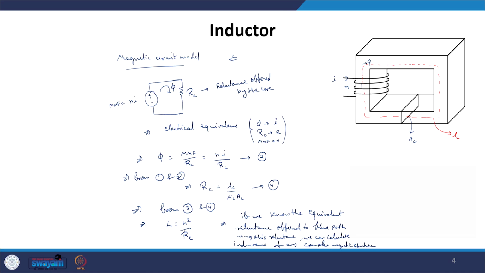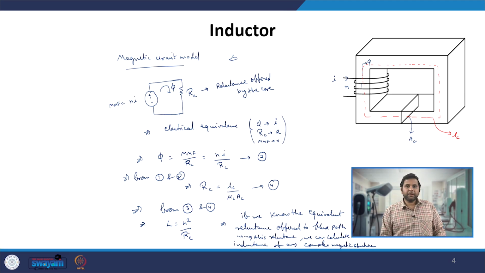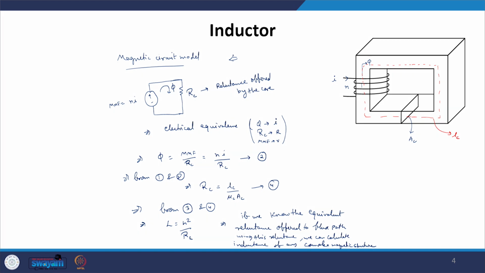So, using this formula, which is N square, number of turns, divided by the reluctance offered to the flux path by the complex magnetic structure, we can easily calculate the inductance corresponding to that complex magnetic structure.